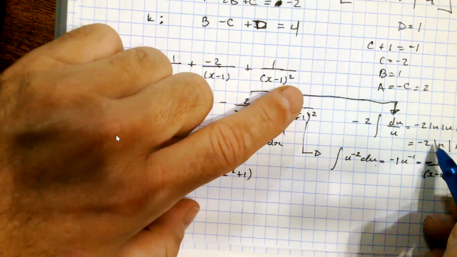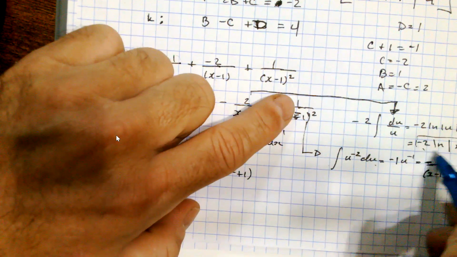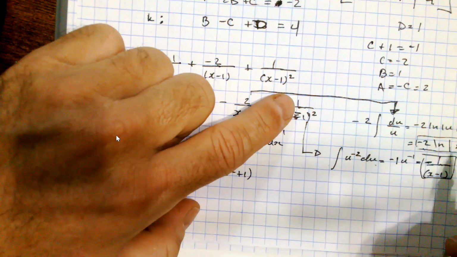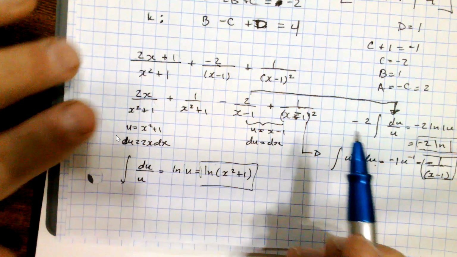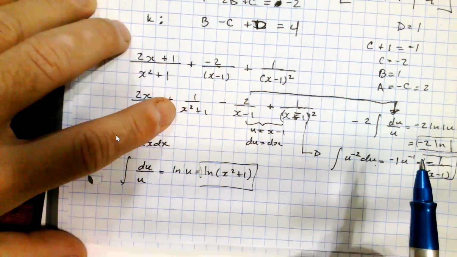Okay, so I have this bit right here, I have this bit, and I have this bit. Okay, so now I need to worry about integrating this one.